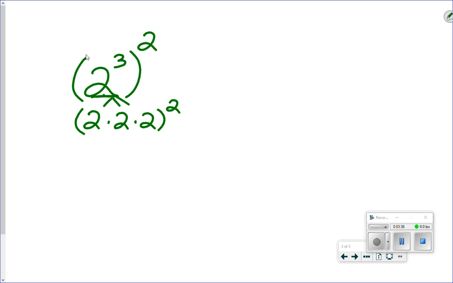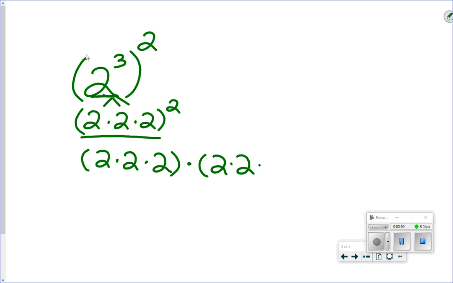Well, anything squared means to multiply this whole thing, whatever's in the parentheses, times itself. So instead of having 2 times 2 times 2 squared, I could write it as 2 times 2 times 2 times 2 times 2 times 2. So here's my first one, here's my second one, so I've squared it that way.